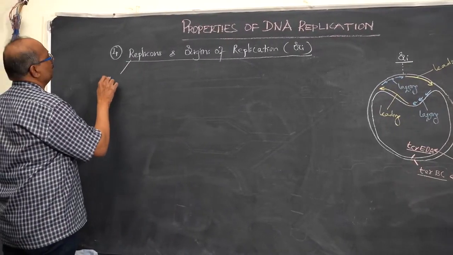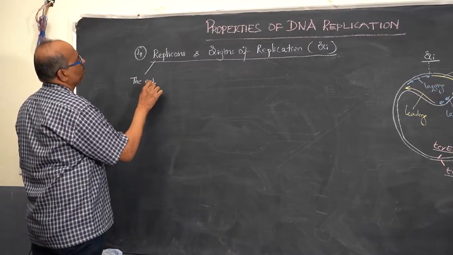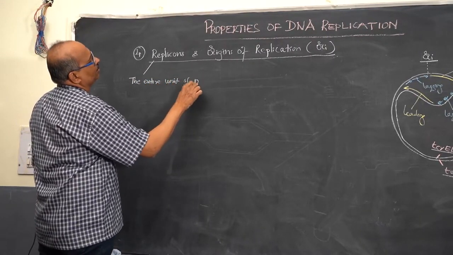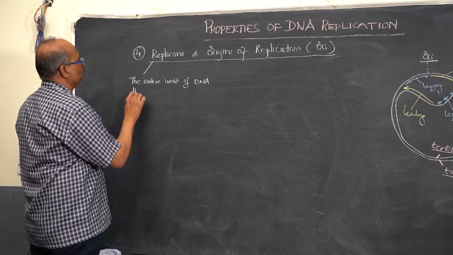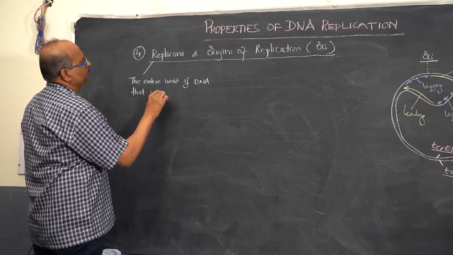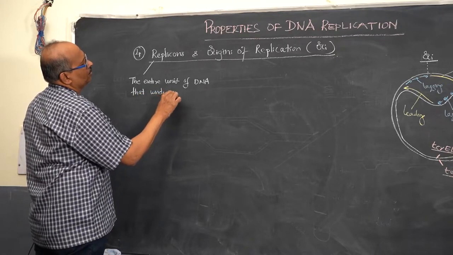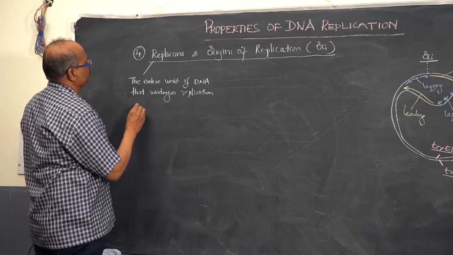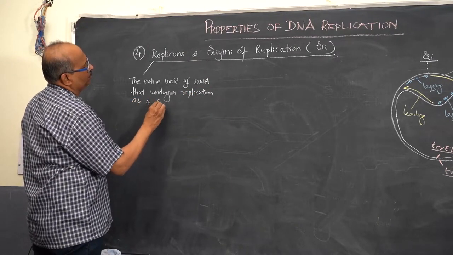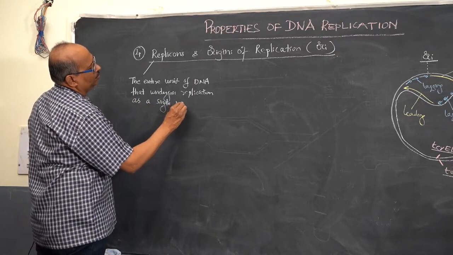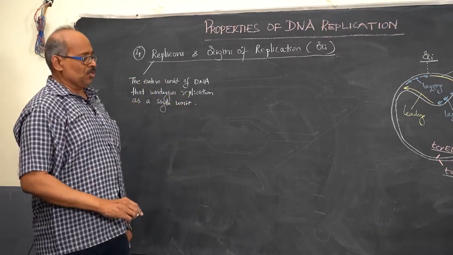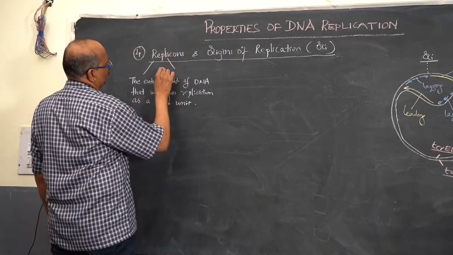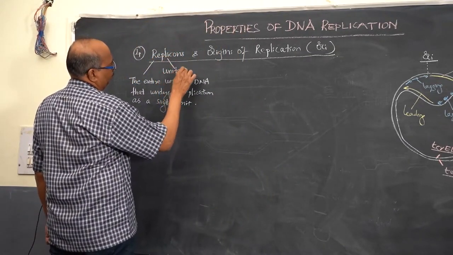So the entire unit of DNA that undergoes replication as a single unit. So a replicon is the unit of replication.